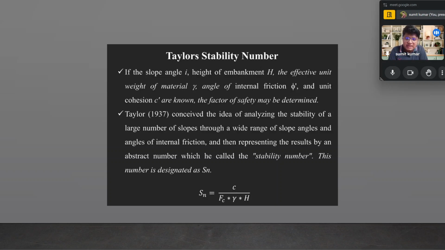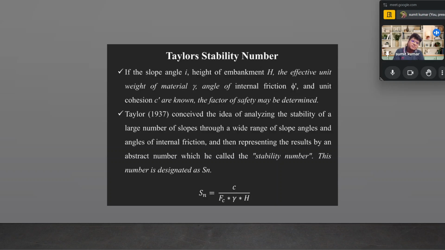So the slope angle, which is represented over here as i, the height of the embankment H, the effective unit weight of the material gamma, the angle of internal friction phi, and the unit cohesion C are known.